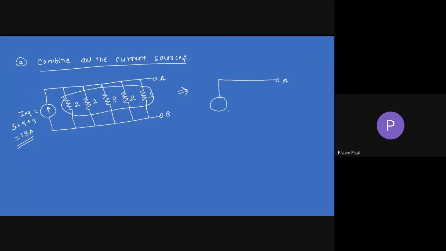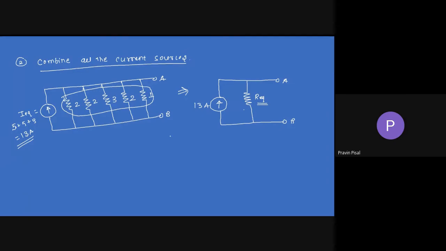I can make a circle or I can make a box. Both are correct. This is R equivalent and this is current I equivalent, whose value we already calculated as 13 ampere. Now what is our aim? Our aim is to calculate R equivalent.